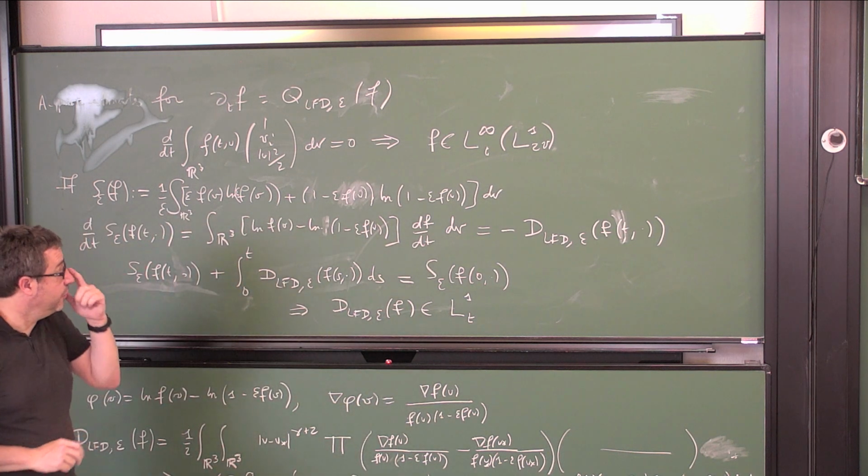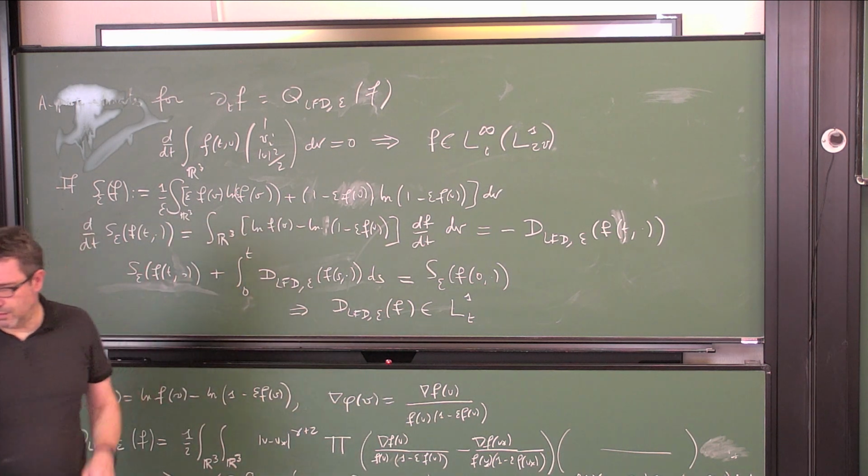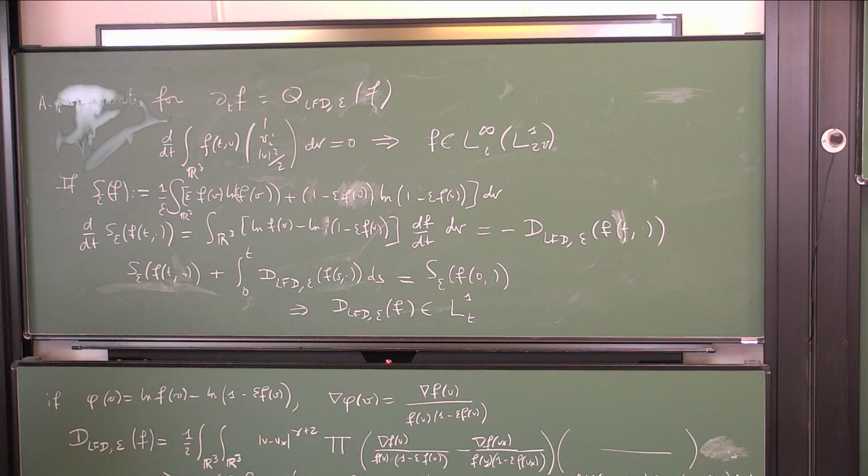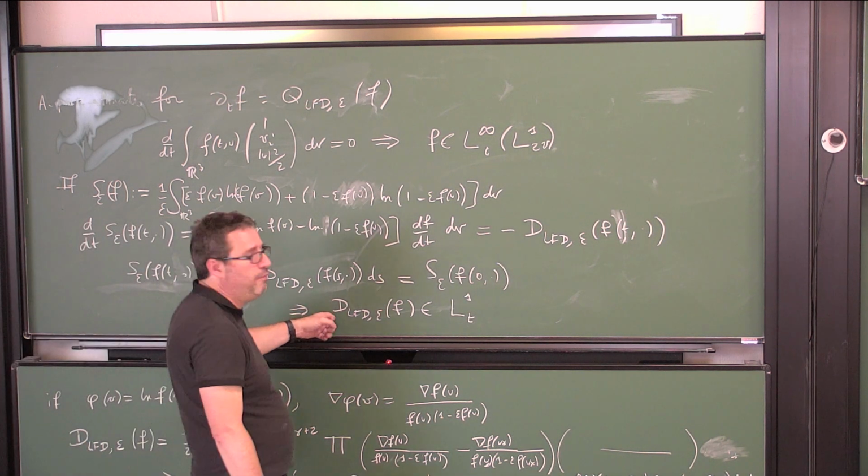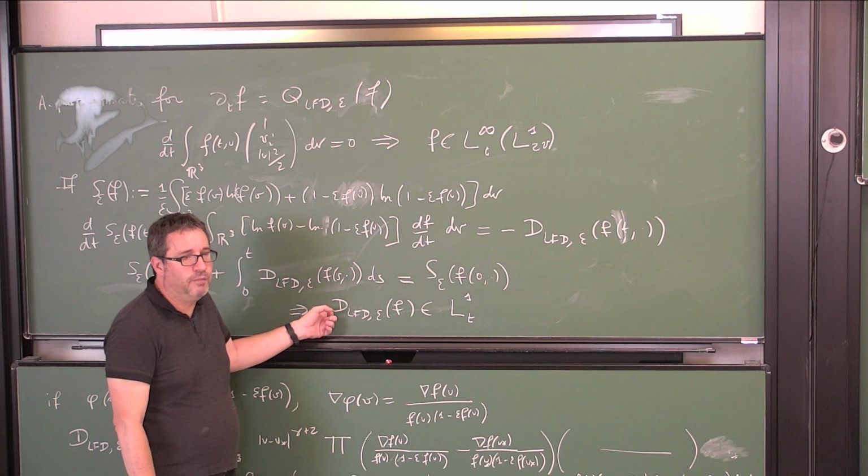Actually, it's true on the compact set, but actually it is true on 0 infinity. So then what is the point? The point is that you can try to extract from this something which is usable.